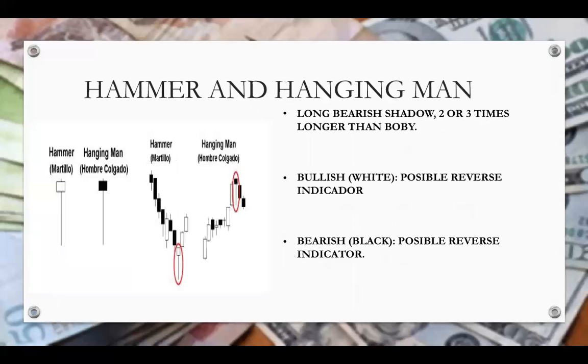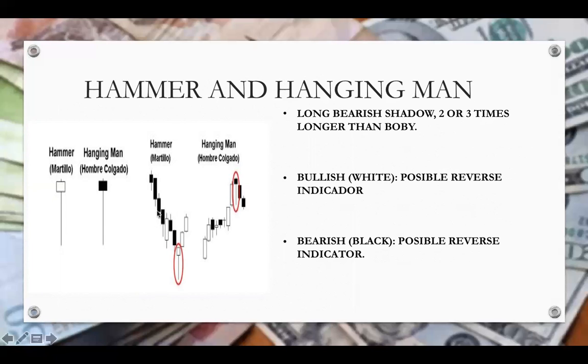And here, hammer and hanging man. Okay, this one is pretty good, I would say, because you can see a long bearish shadow. You can also see it is 2 or 3 times longer than the body.